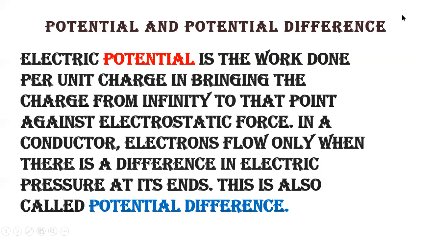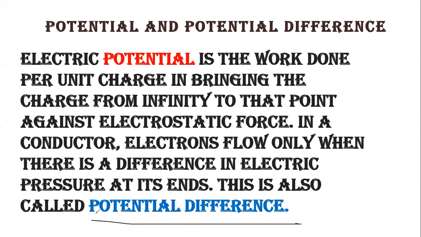Potential and potential difference. The electric potential is the work done per unit charge in bringing the charge from infinity to that point against the electrostatic force in a conductor. Electrons flow only when there is a difference in electric pressure at its ends. This is also called potential energy.